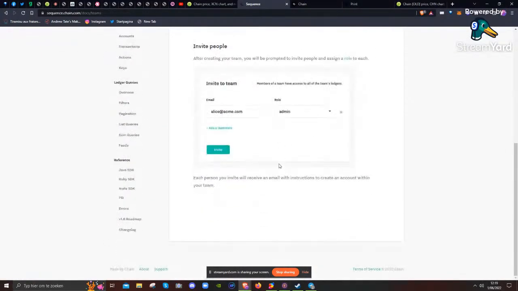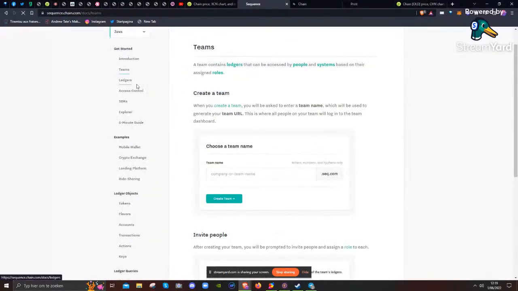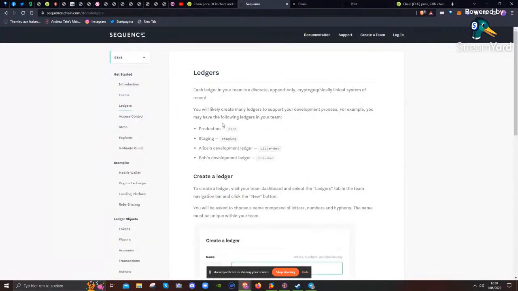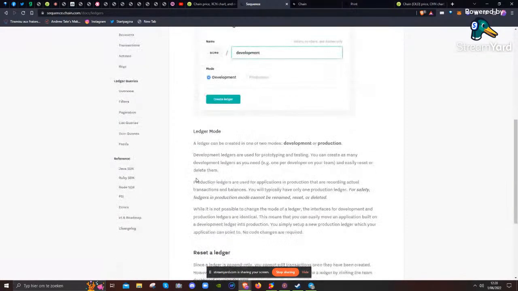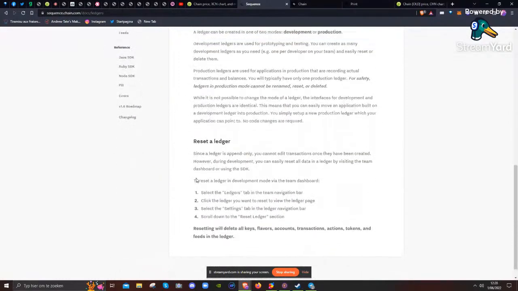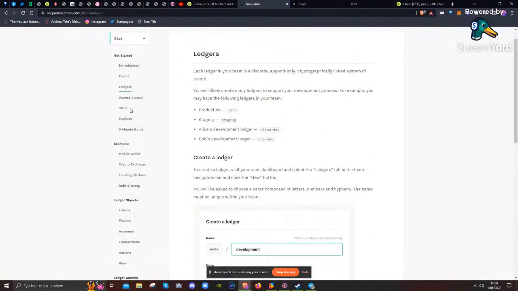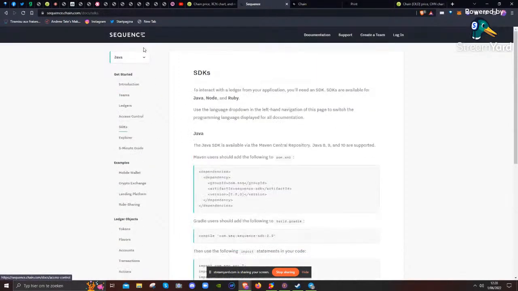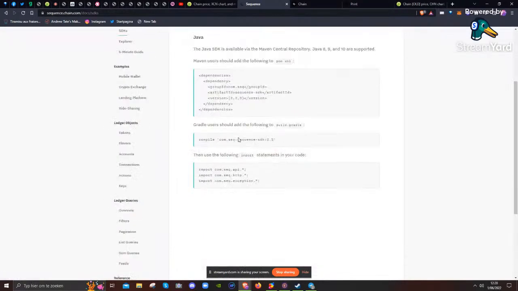Create a team, so it's a little rundown on how to do so. Ledgers. Development process, for example, you may have the following: managing your team, production, staging, development. Okay, how to create. So how to do so, reset. It's really a rundown on how it works, and you can even choose Java, Ruby, or Node that I'm seeing here. So how to do so.